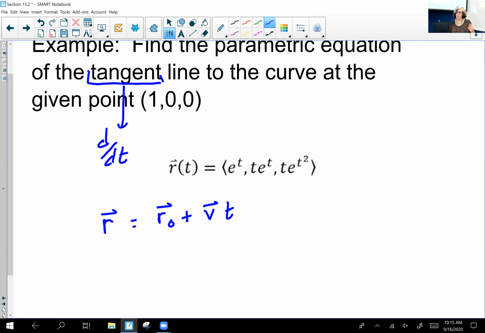You might remember that was from an earlier section. Off the top of my head, I don't know what section that was from. The r naught is just the given point, isn't it? It's going to be 1, 0, 0.